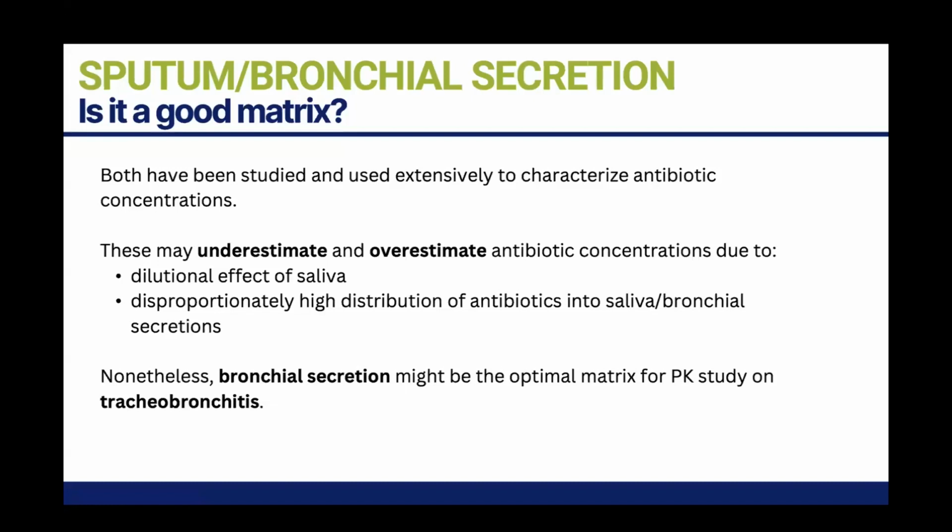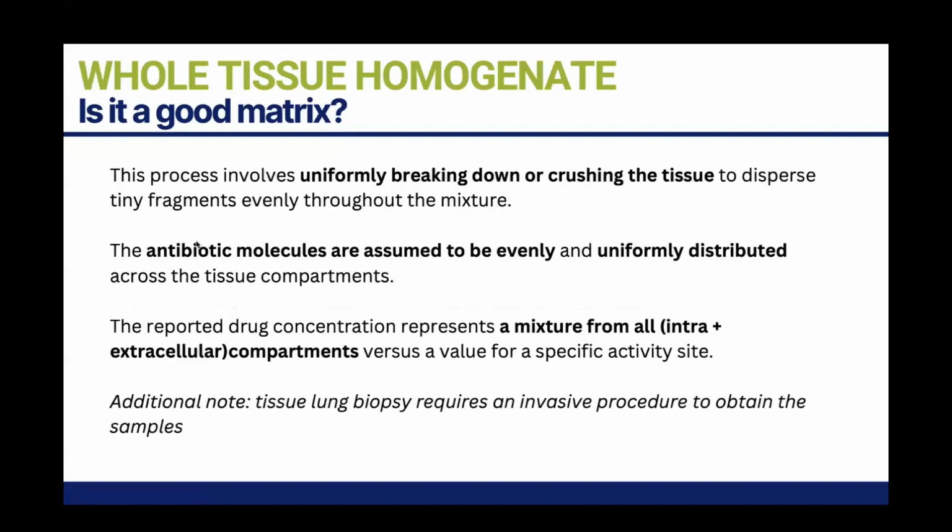How about tissue homogenate? Is it a good matrix? In order to understand that, we need to understand how we actually assess this antibiotic concentration in tissue homogenate. The process involves uniformly breaking down or crushing the tissue to disperse the tiny fragments evenly throughout the mixture. By doing that, you can imagine the antibiotic from the intracellular compartment and extracellular compartment will join together.